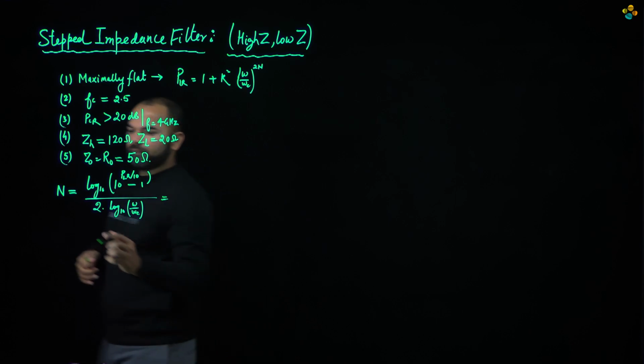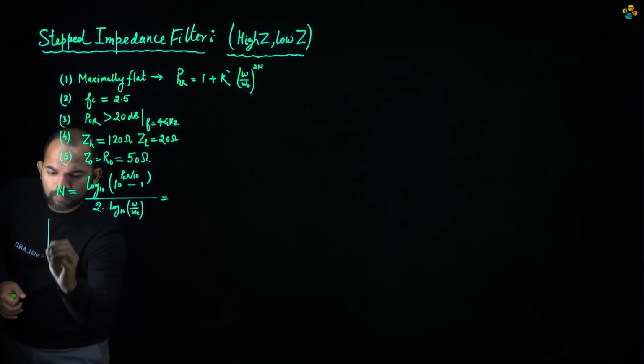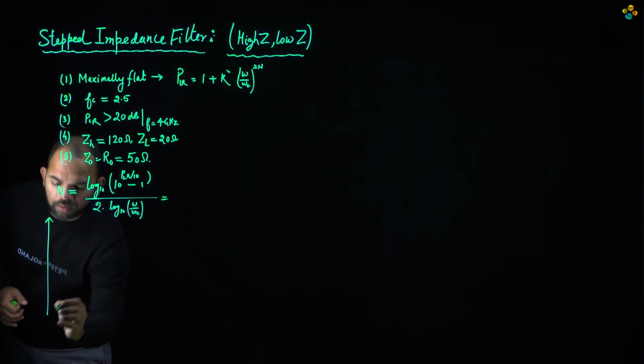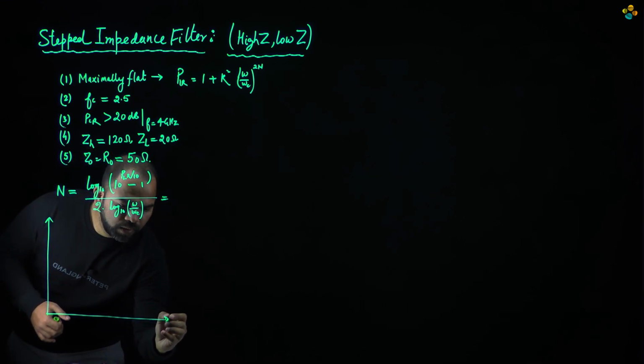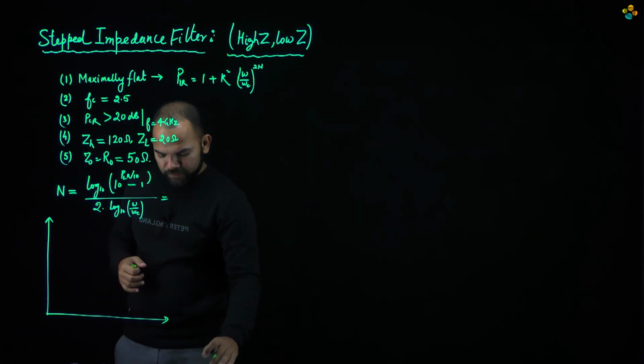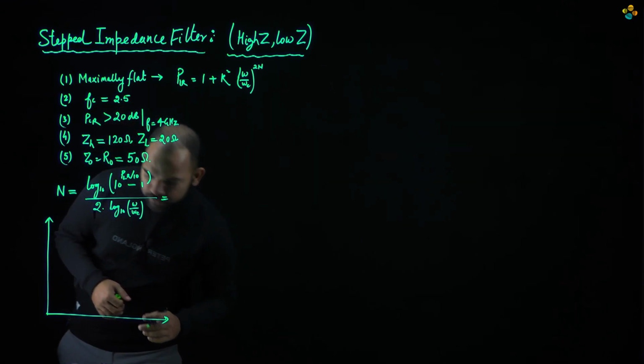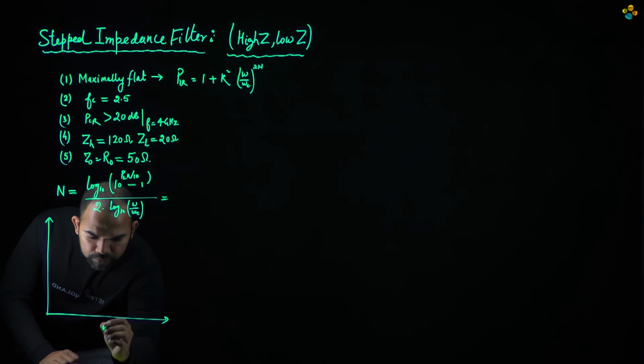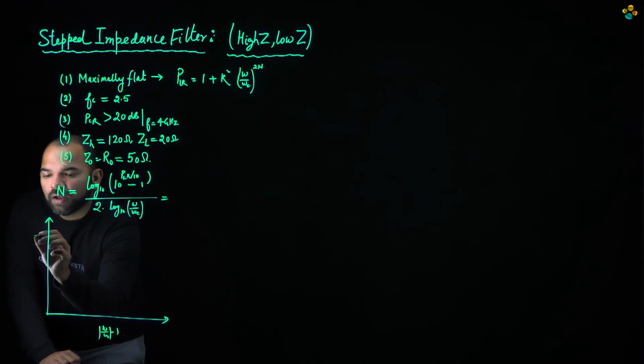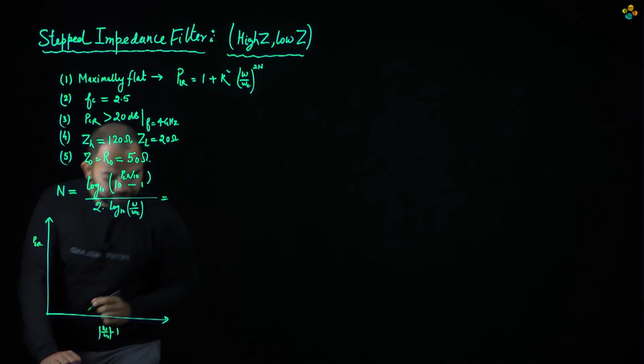This order can also be calculated graphically. So we have a procedure to calculate the order graphically. We have one graph in our book which relates two things: omega upon omega c minus 1, and here we have the PLR value.